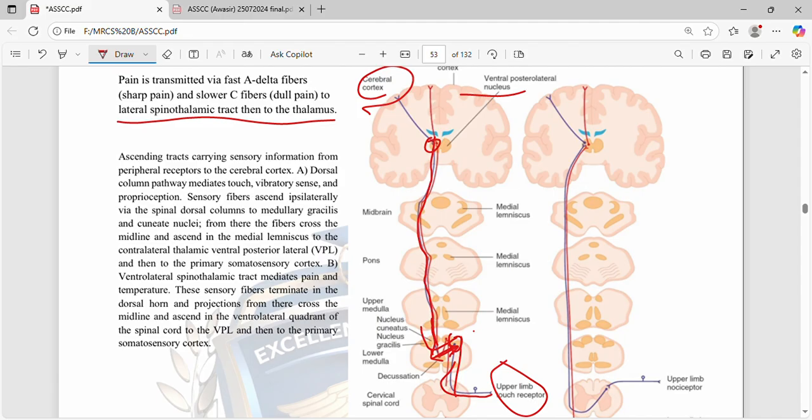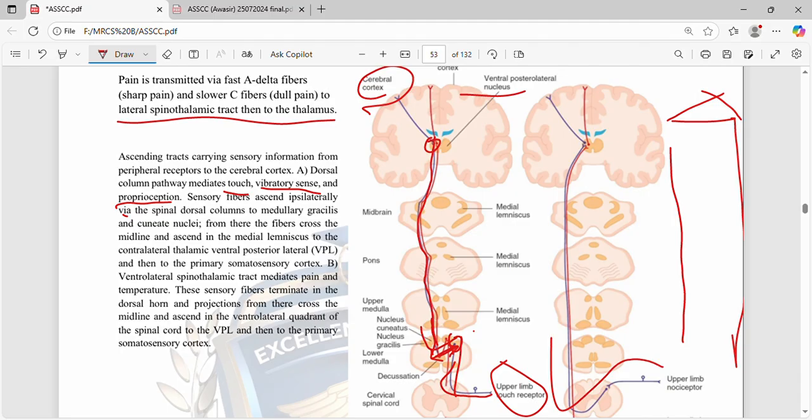Dorsal column pathway mediates touch, vibratory sense, and proprioception. Sensory fibers ascend ipsilaterally through the spinal dorsal columns to the medullary gracile and cuneate nuclei. So in the dorsal column they go up and then cross at the level of the medulla, whereas the spinothalamic tracts cross at the initial level.